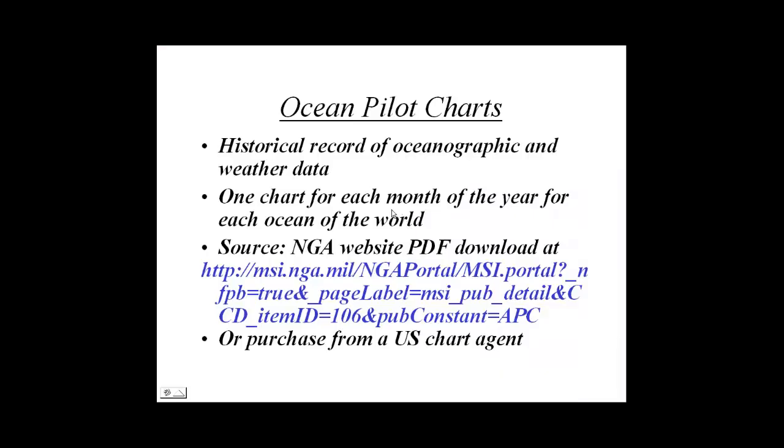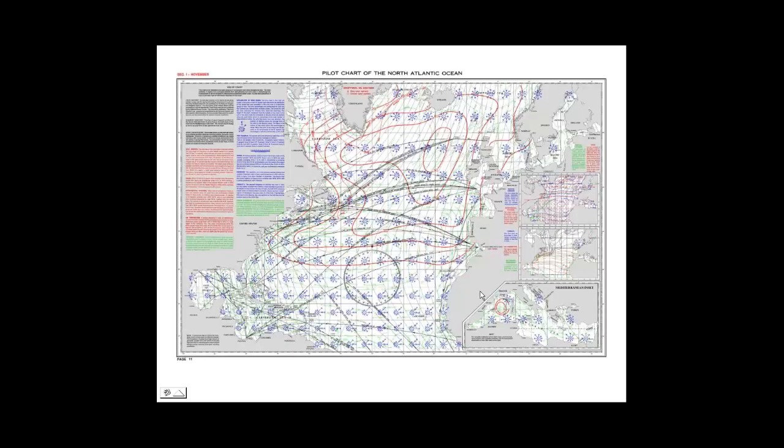Ocean Pilot charts, as I said, are a historical record of past weather in all the oceans of the world. And here you go. You can go to this NGA website and you can download this Ocean Pilot chart in its entirety, or you can buy them in printed copy from U.S. chart agents.